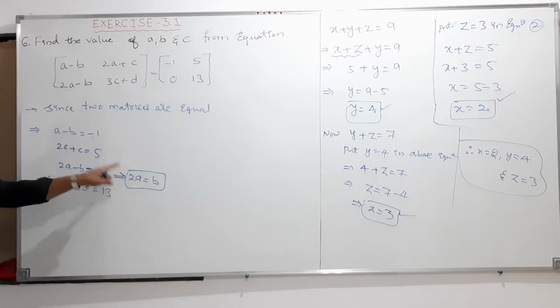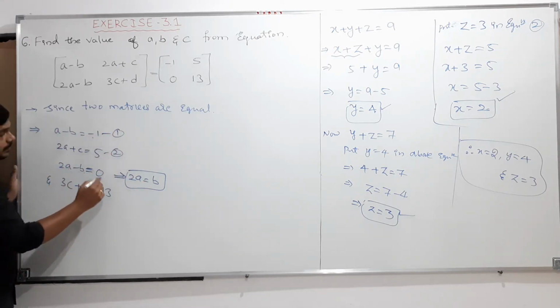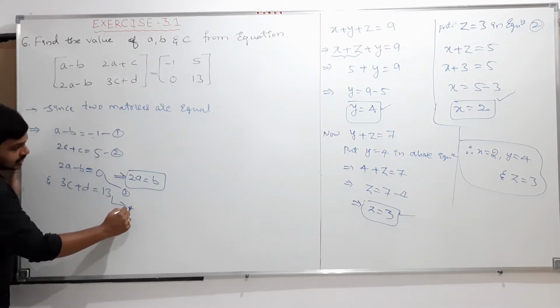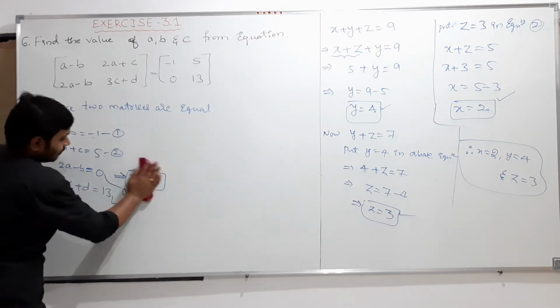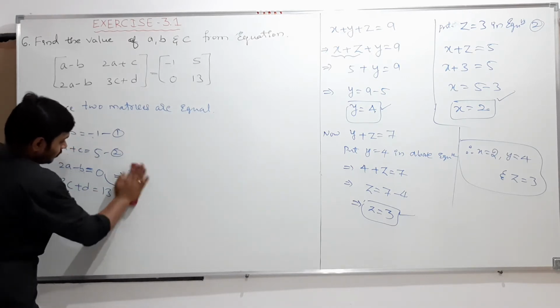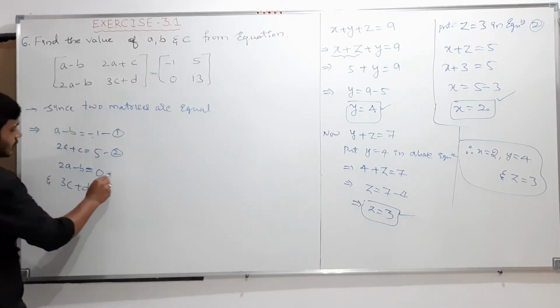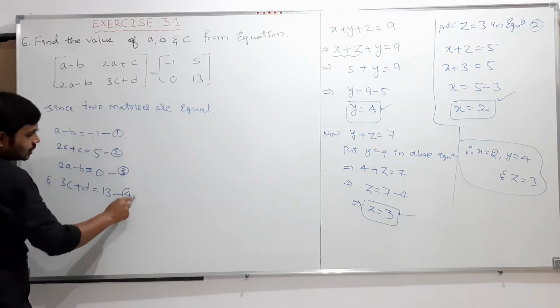I am going to substitute this B value in equation 1. Call these as equation 1, equation 3 and equation 4. First I will name them and then solve, because otherwise you will get confused.